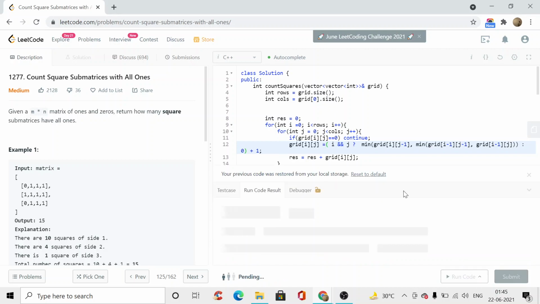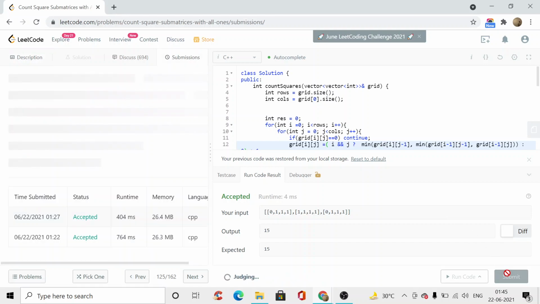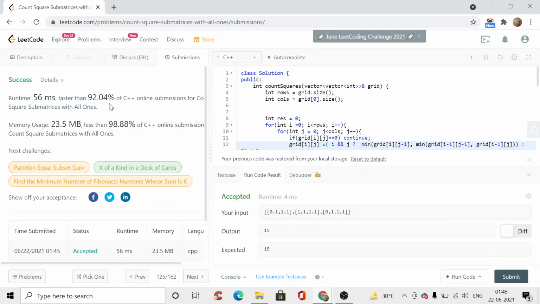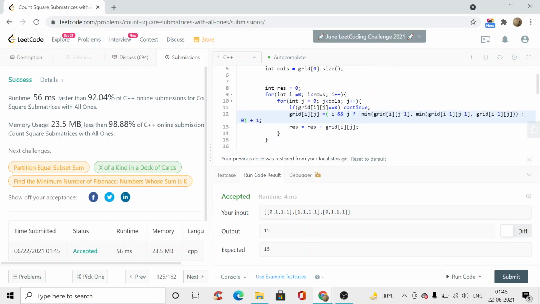Let's try this. Yeah, this is n into m time complexity.